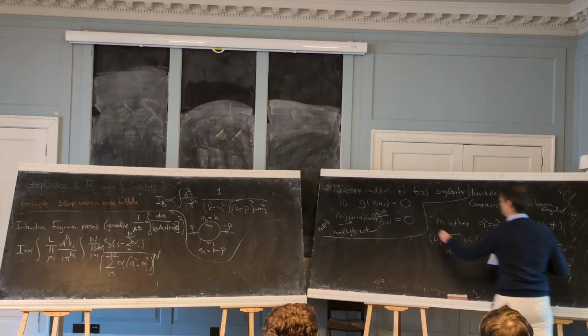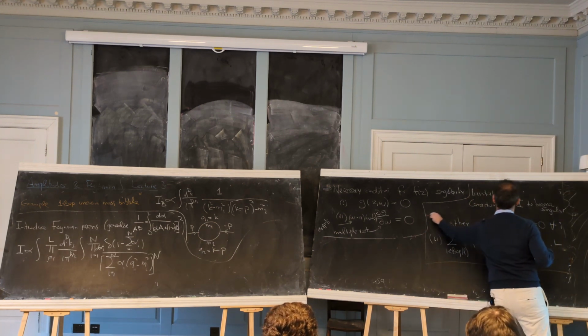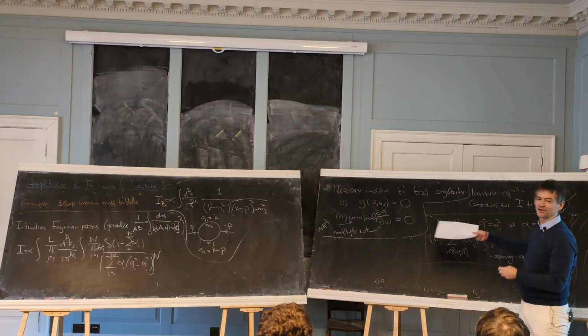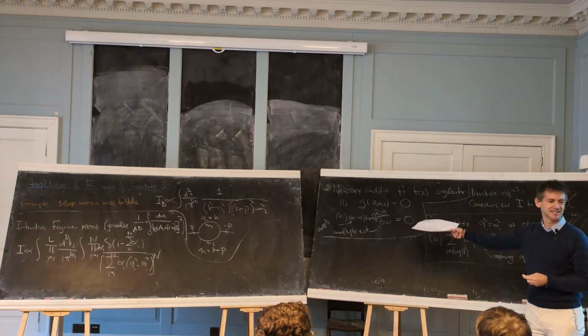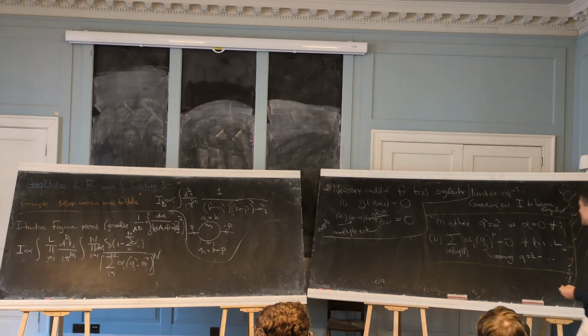And it's clear, I hope, from the exposition that they really follow by working a little bit harder than the single variable example we discussed. So this tells you where the singularities of Feynman integrals are located.